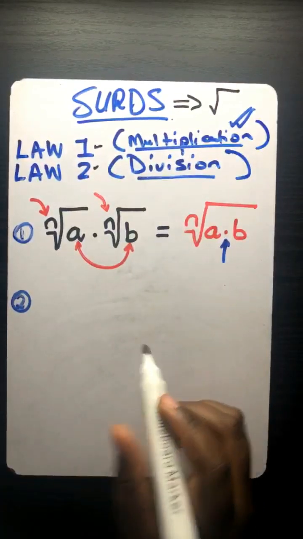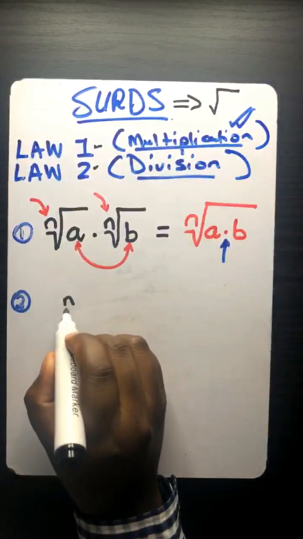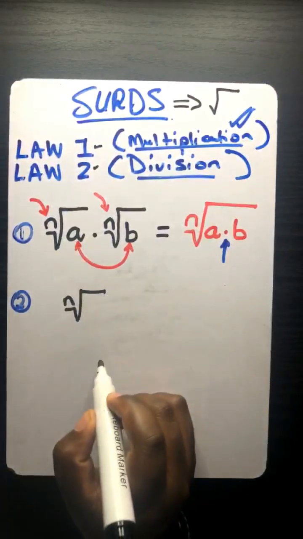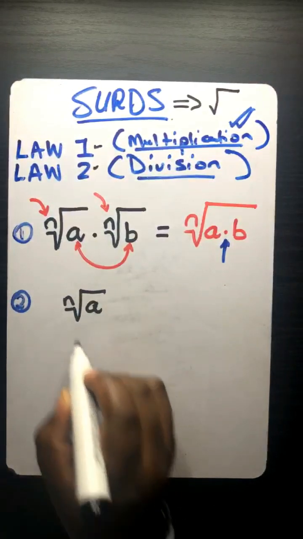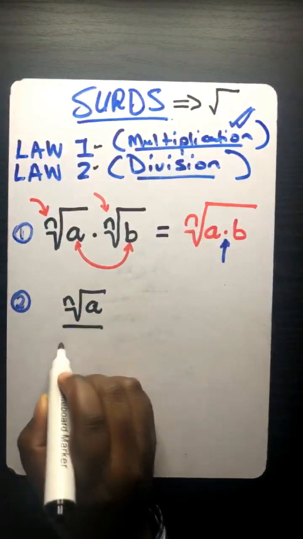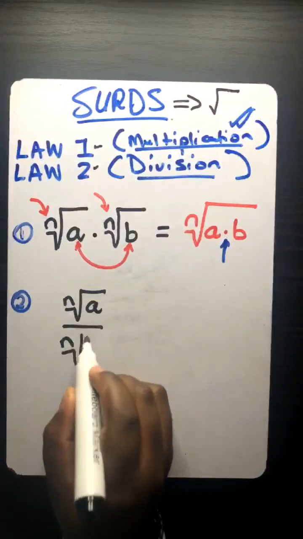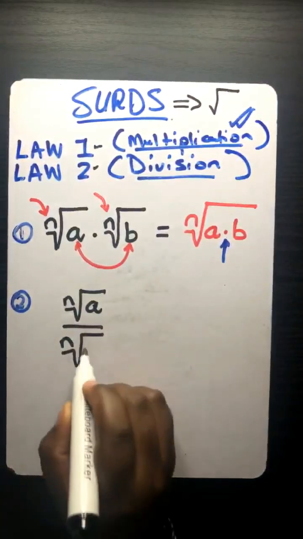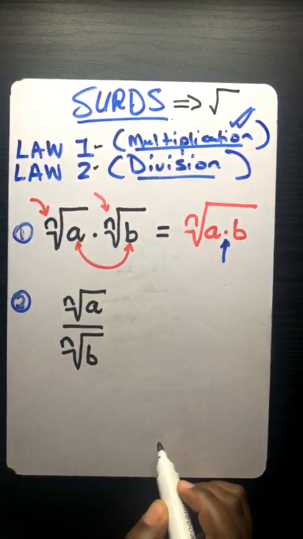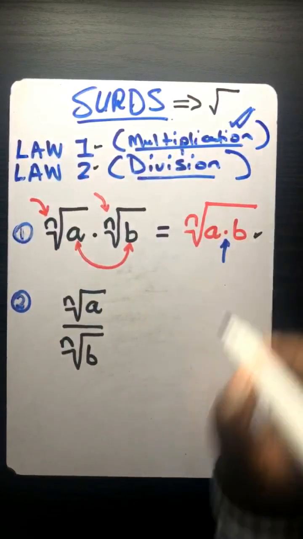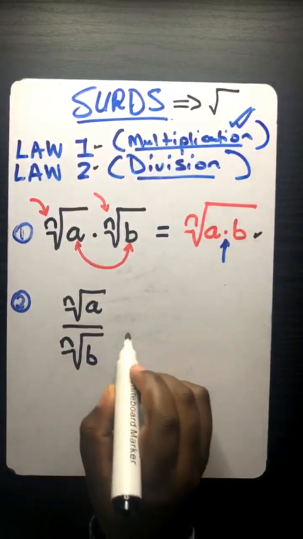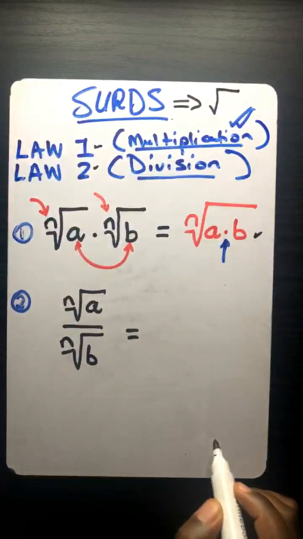What does the law say? Let's stick to the nth root. To keep it simple, let's use the letter A inside the square root, over the same tail being n, with the square root inside having B. I'm pretty sure that, based on what we have done here, you can easily notice that there's nothing tricky there.